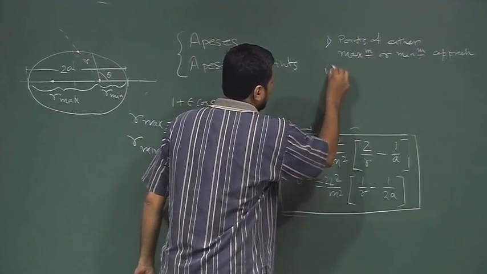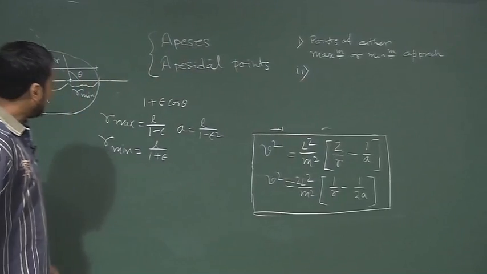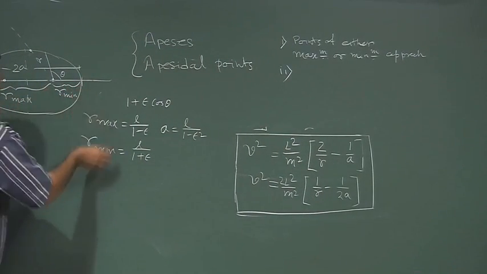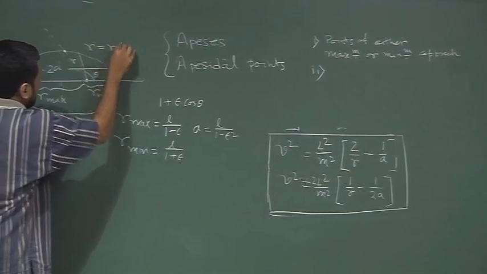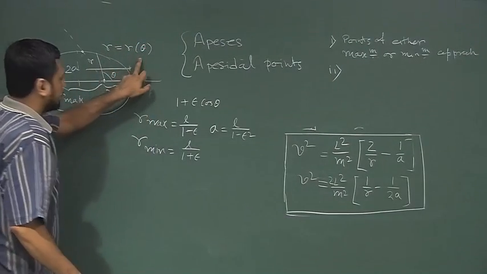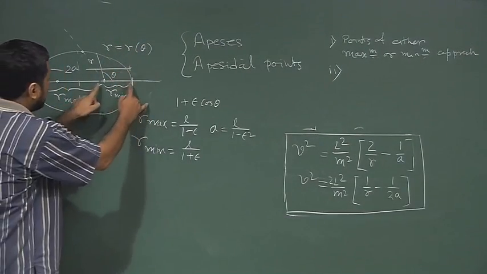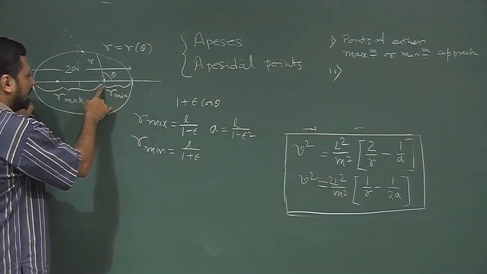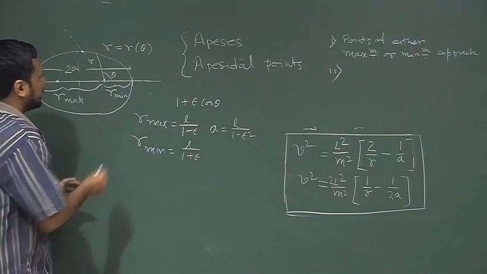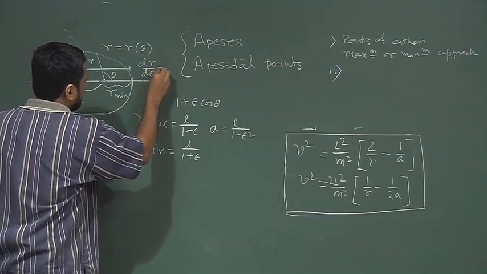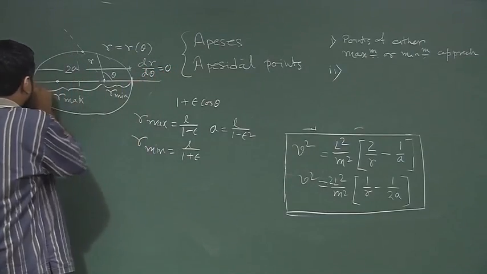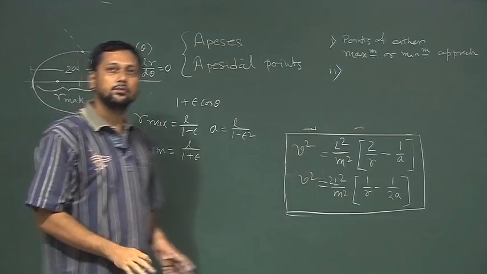Second definition is, as you see, this orbit is given as a function of r, I mean r as a function of theta. So, when r goes through a minima or a maxima, we can immediately infer that dr d theta will be equal to 0 in these two extreme points, and that is true in general for any orbit.